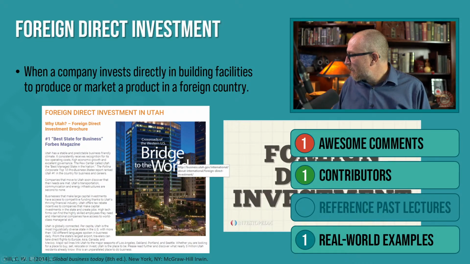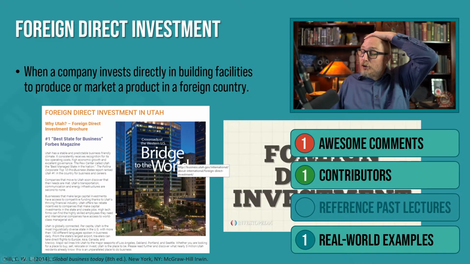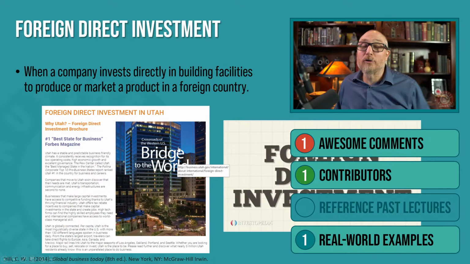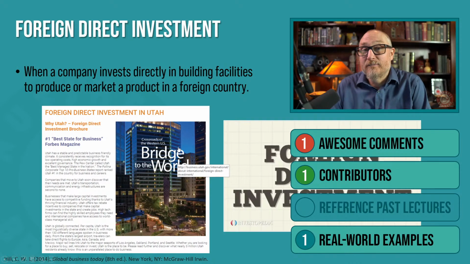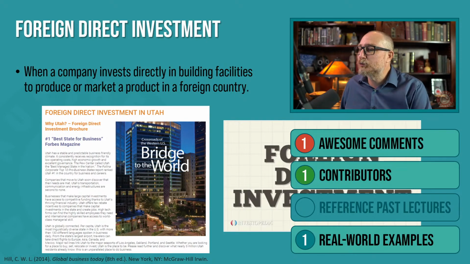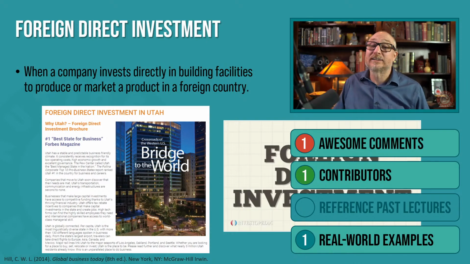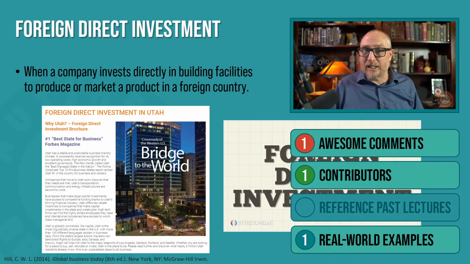Okay. Then you can do foreign direct investment. Foreign direct investment is when a company invests directly into building facilities to produce or market product in a foreign country. Again, this can be greenfield or brownfield. Greenfield meaning you build it. Brownfield meaning you buy the building, right?